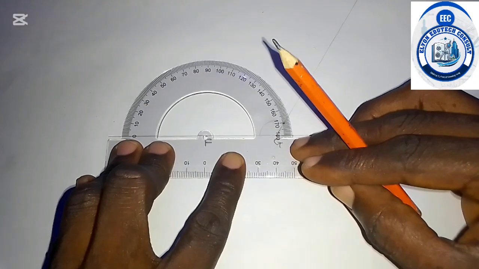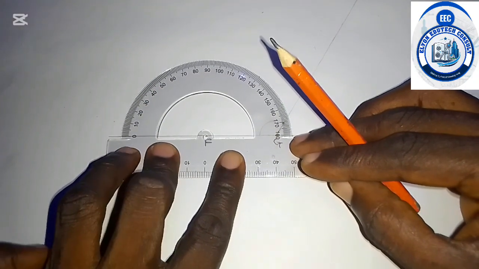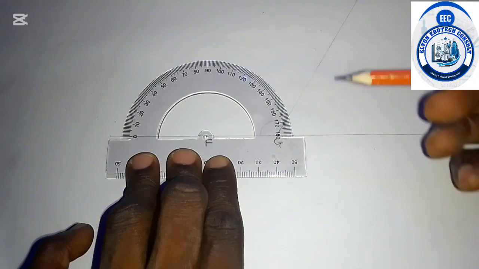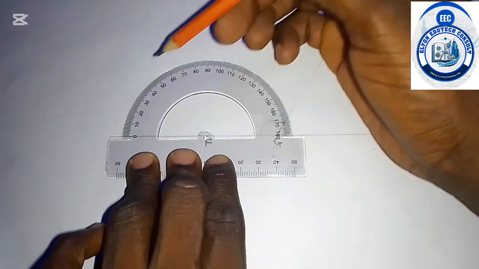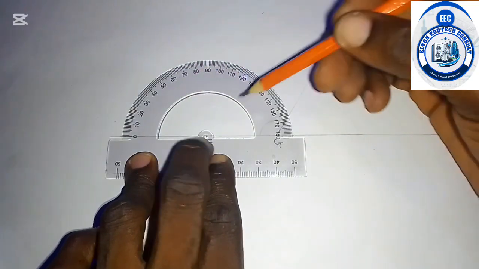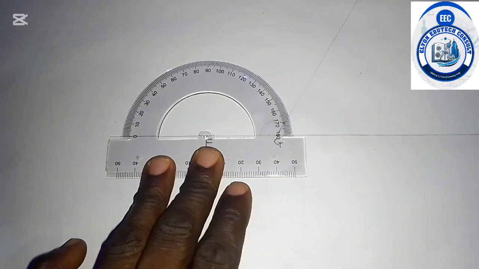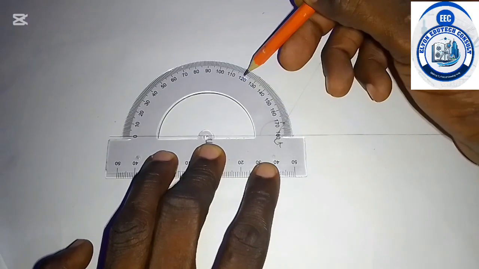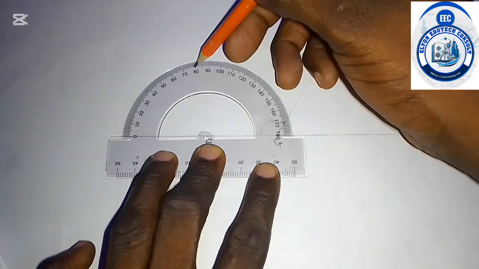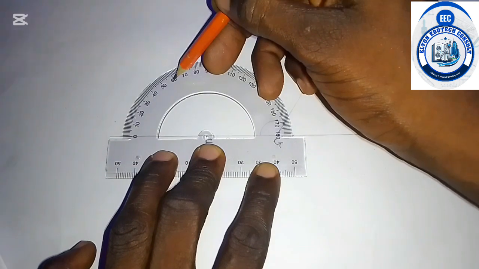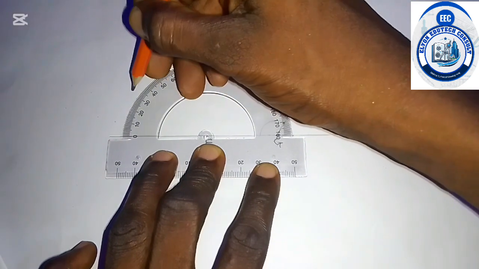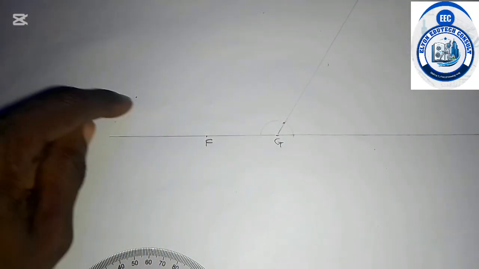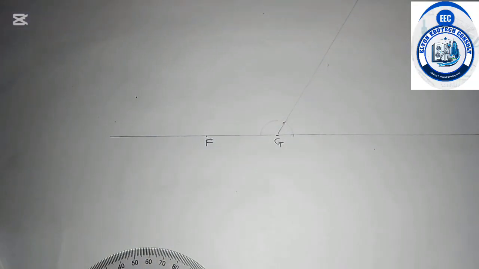So I'm going to take 150. I will read this way: 10, 20, 30, 40, 50, 60, 70, 80, 90, 100, 110, 120, 130, 140, 150, such that the angle here will be 30 degrees.